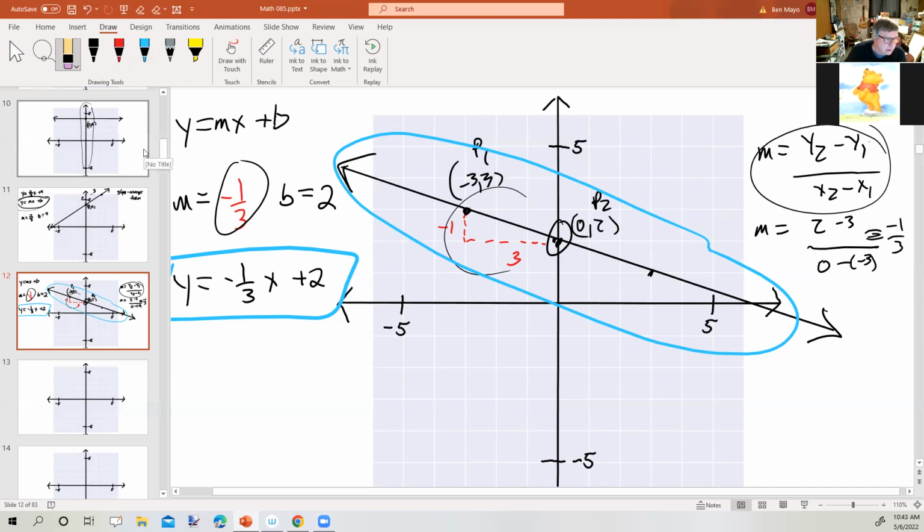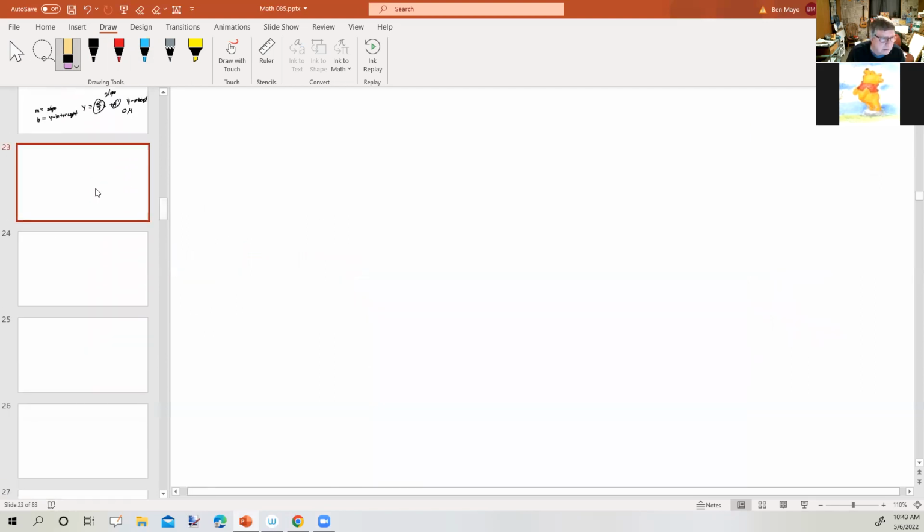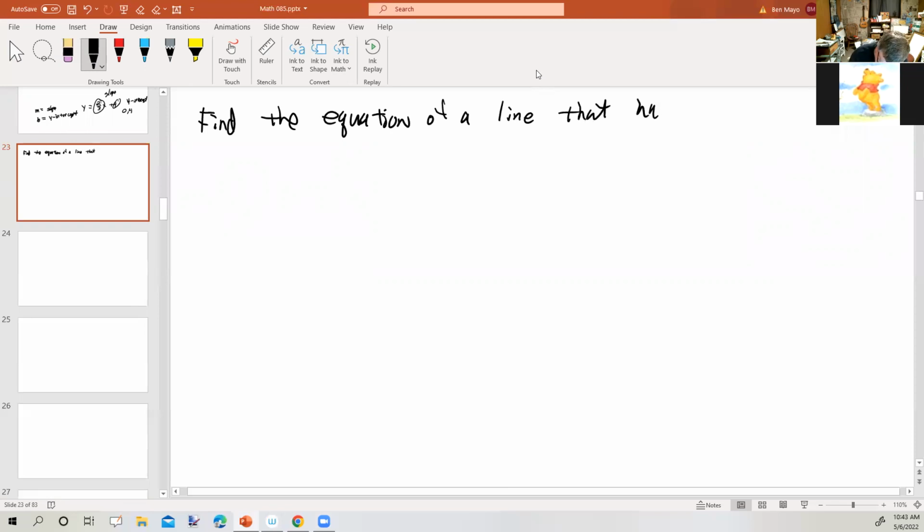Okay. Let's take a look at the following situation. Let's say we are asked to find the equation of a line that has a slope of -6 and a y-intercept of 2.